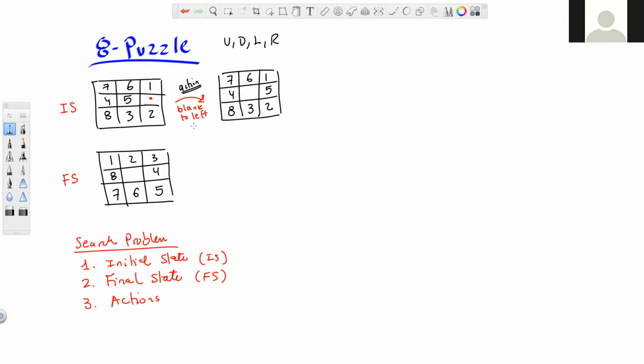If I were to move the blank upwards, then I would get this particular state. Then I would have 6, 7, and 4, 5. So I'm moving this up, the one goes down, and that's what I have.